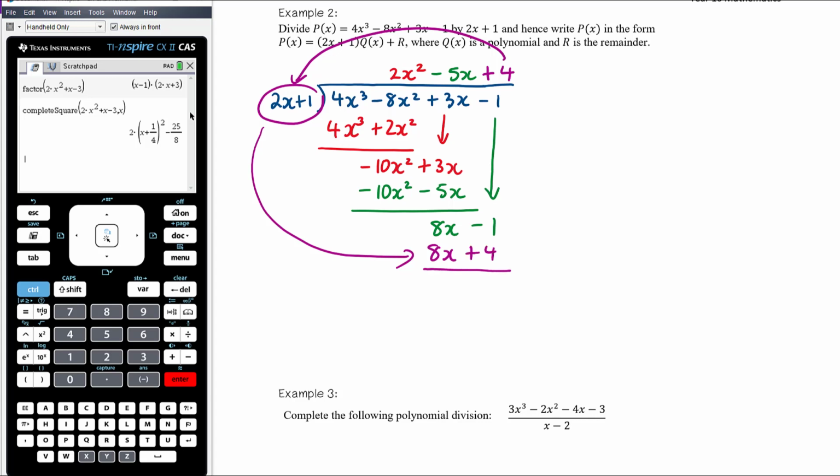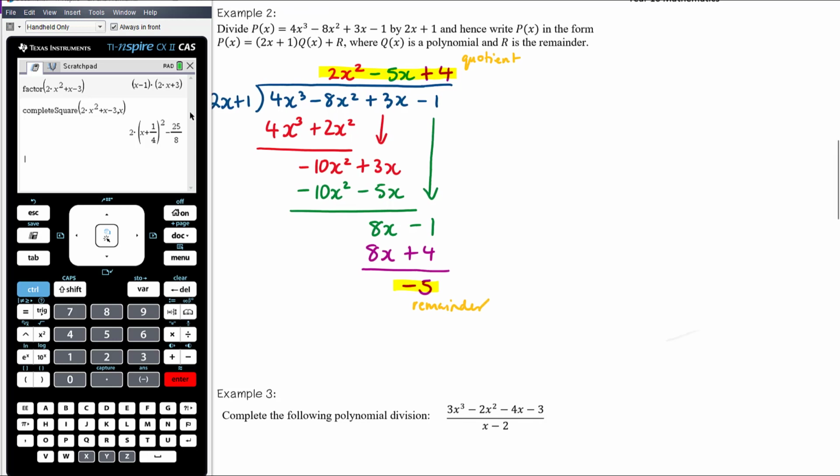And then we subtract, 8x minus 8x is 0, negative 1 minus 4 is negative 5. So we have our quotient up here, and we have our remainder here.